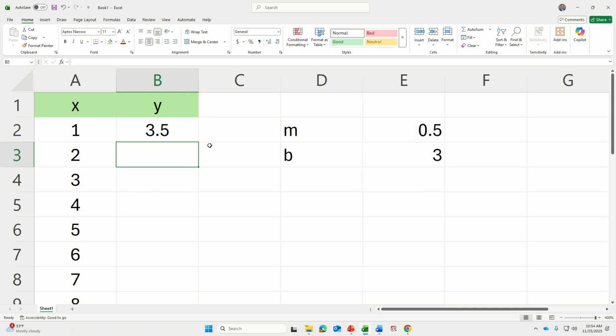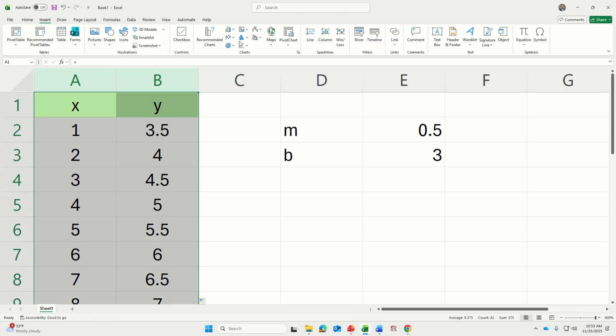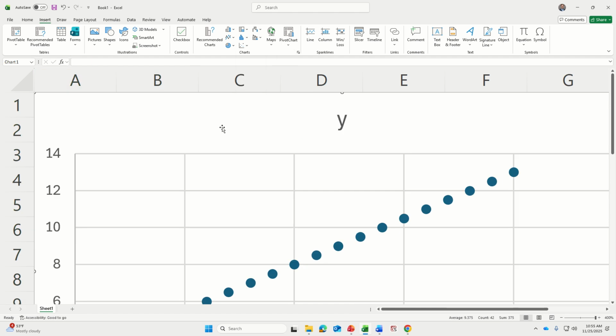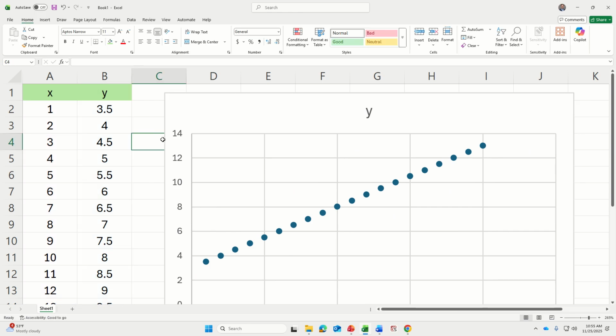When I plug in x equals 1, y is going to be m times x plus b, so it's 1/2 times 1 plus 3, which gives me 3.5 according to that formula. And I can calculate a y value for all of these x values. If I graph these with a little scatter plot, that's what my line looks like. For a bunch of different x values, I get a line of y values with a slope of m and a y-intercept of b.